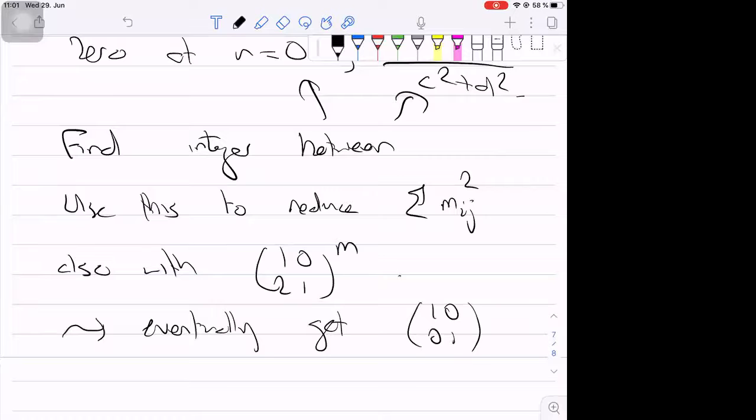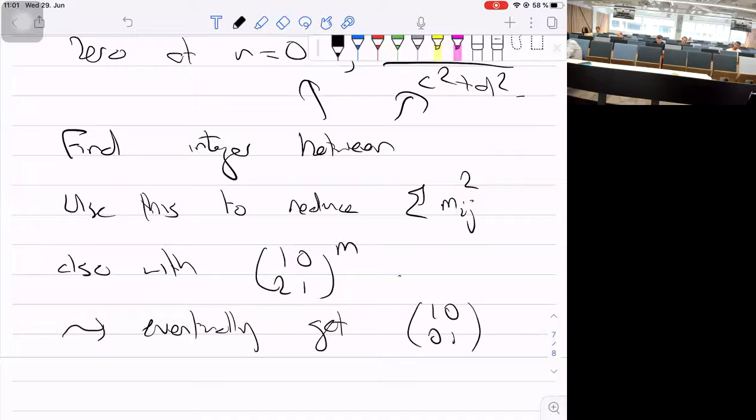It's something to check, but you will eventually get the identity matrix out of that process. And so that shows you that the group is actually generated by the two things that we're supposed to show it's generated freely by.